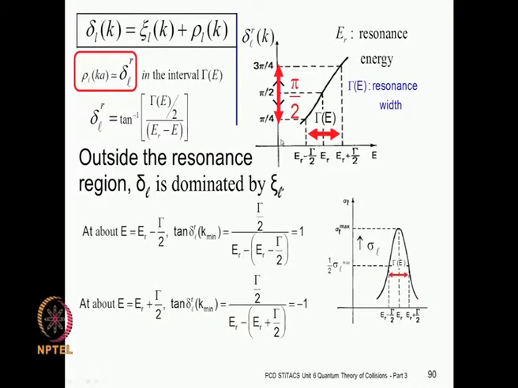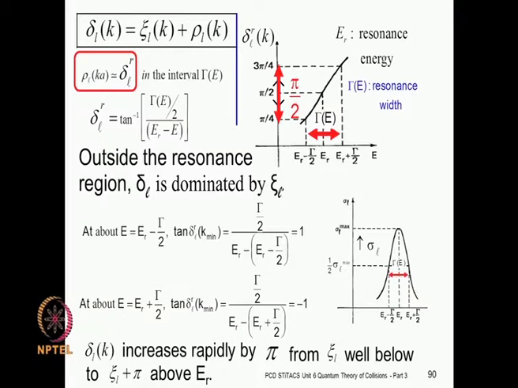Okay. So, this is a typical resonance profile, and you have a resonance width. So, the net change in delta will be through an angle which is pi. What happens at the resonance energy itself? This resonance phase shift will be pi by 2.